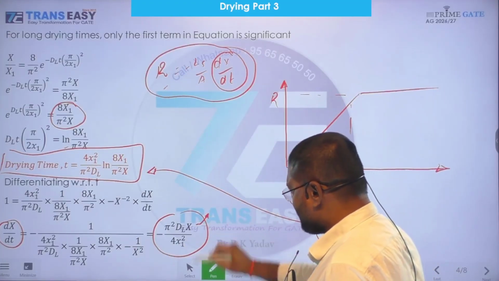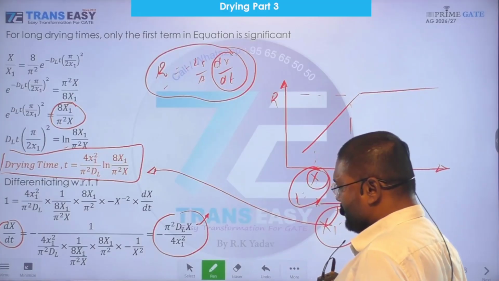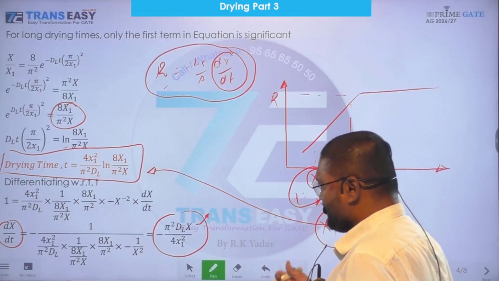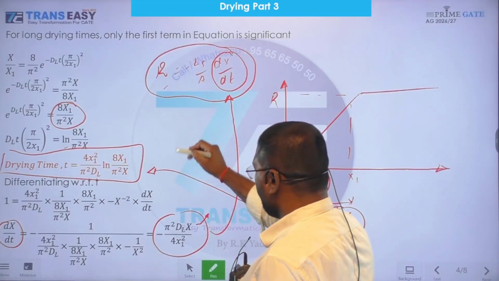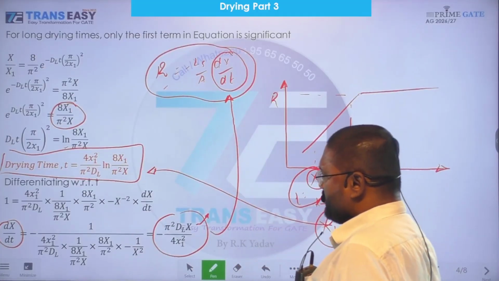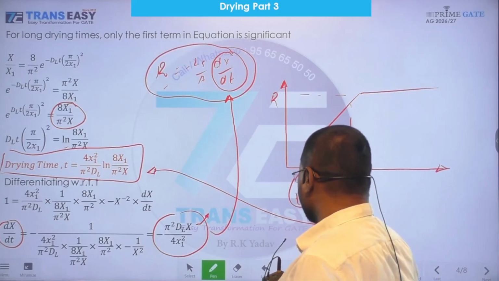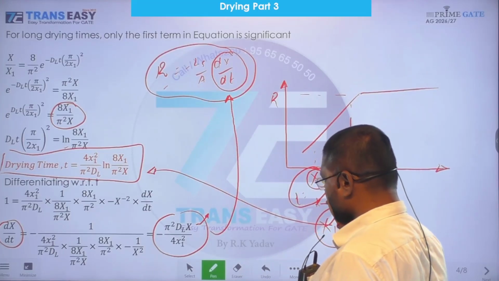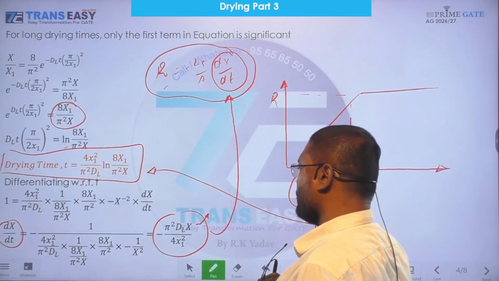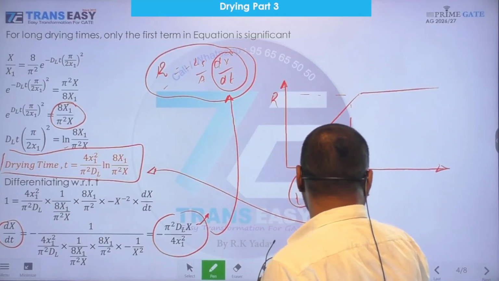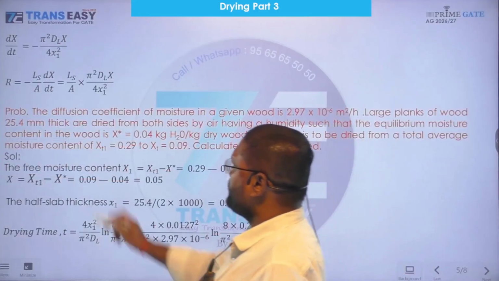This x is the free moisture content at time t. So putting the value of dx upon dt here, we can calculate the rate of drying when moisture content is x, right? In falling rate drying period. So this is the result.